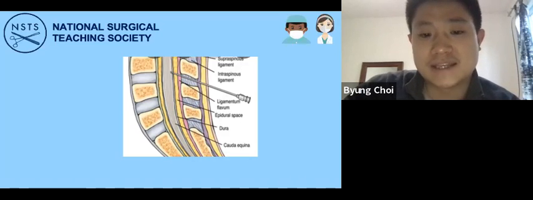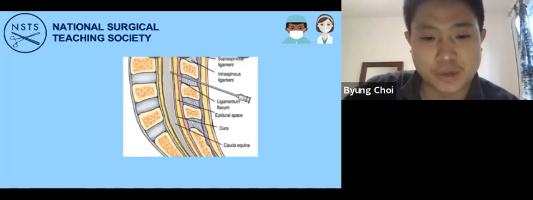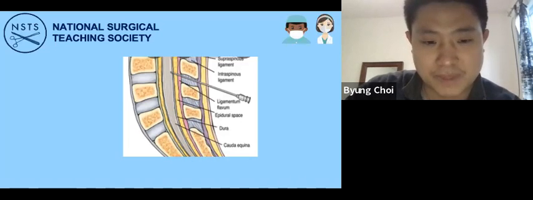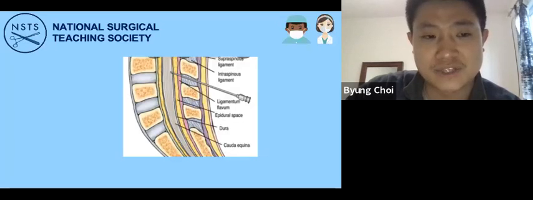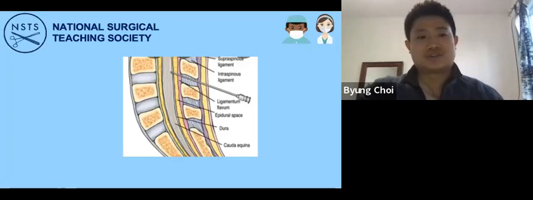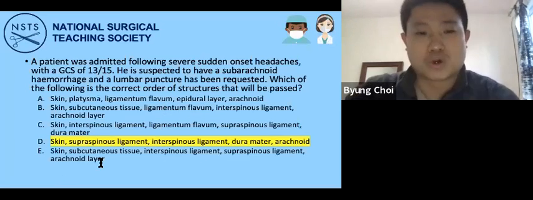And then you've got the interspinous ligament before the ligamentum flavum. And then, of course, you've got the different layers going into the cord. So you've got the epidural space, the dura mater, the arachnoid space, and then you get into your subarachnoid. So it's just one to go through.